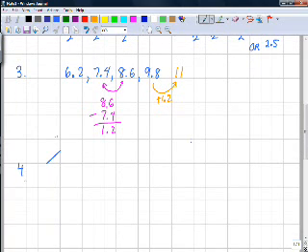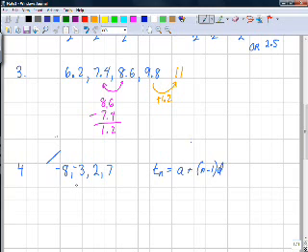What's the next term in this sequence? Again, doing a subtraction will give us a common difference, and then we could add that to the last term. So I'm going to pick these two, do a subtraction, and find the difference between them. 8.6 minus 7.4 is 1.2.